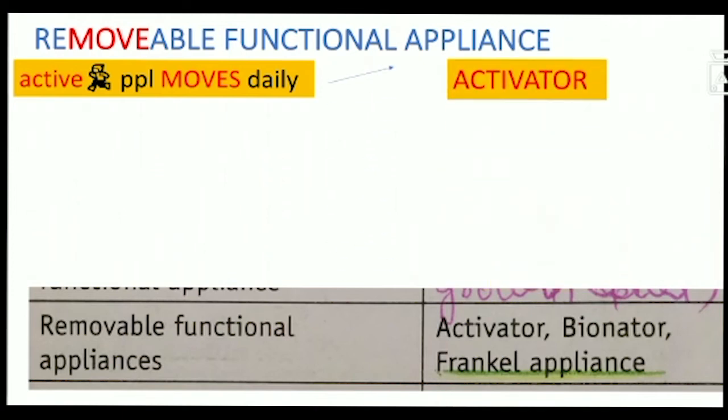So how are you going to remember activator? You'll see the word activator and remember it as active. Obviously active is correlated with movement. Active people move daily. Therefore from active you can remember activator.